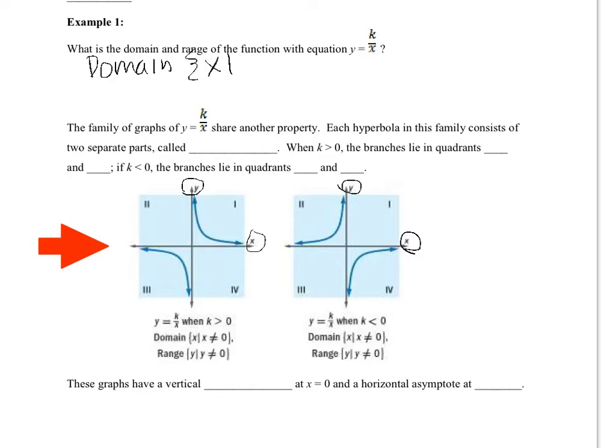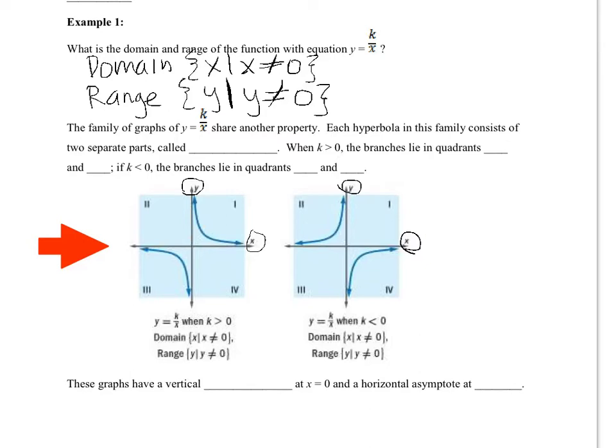So the domain is x such that x does not equal 0. And the range, which is those y values, is the same thing. It never touches y equals 0, so y such that y does not equal 0. That's the domain and the range of the equation y equals k over x.